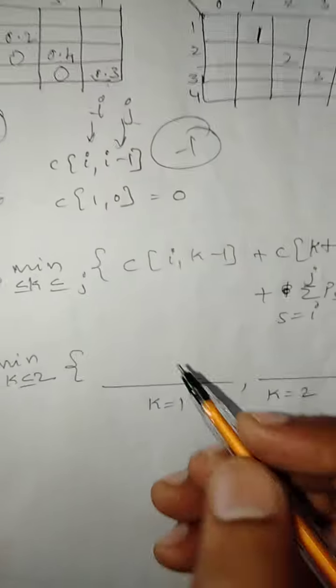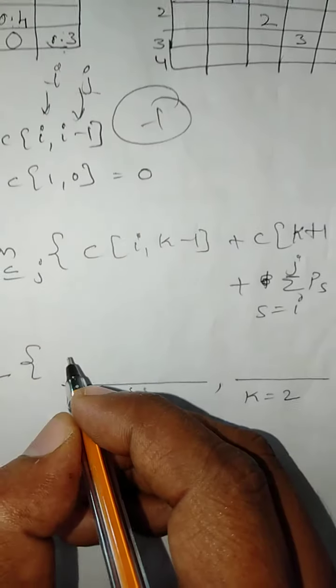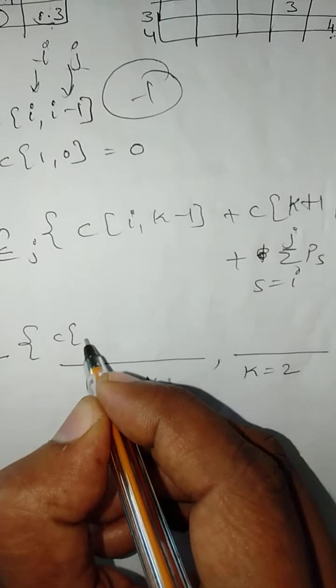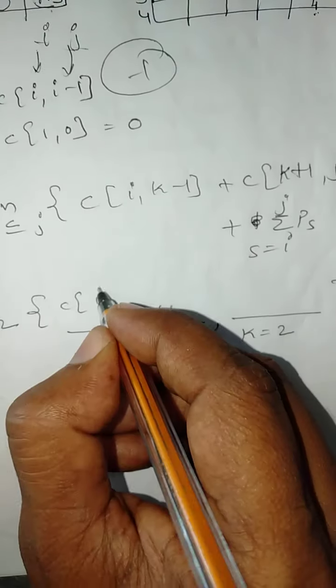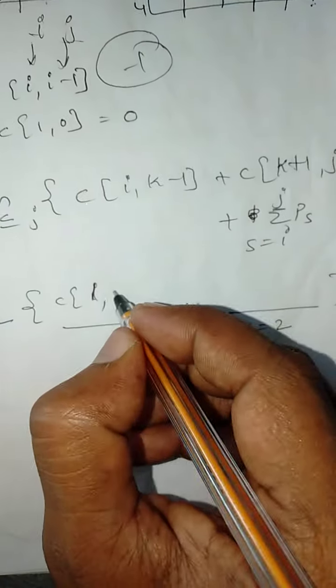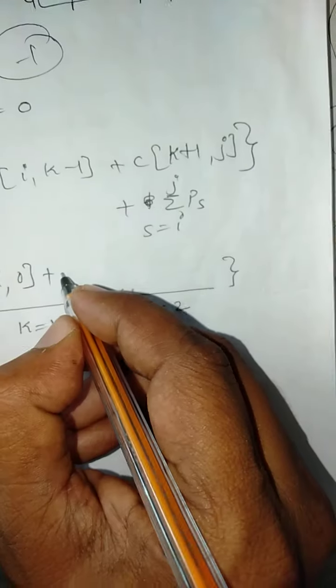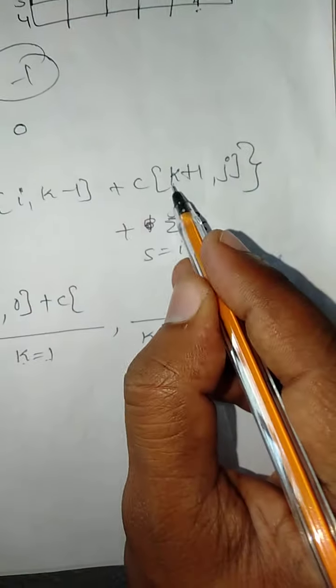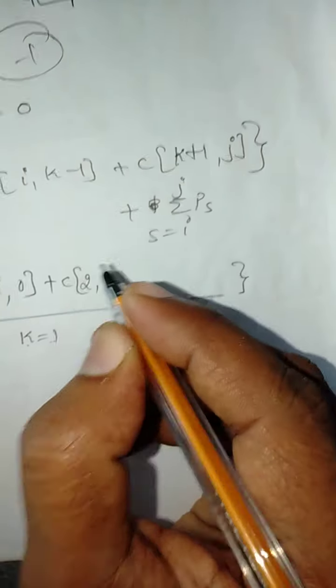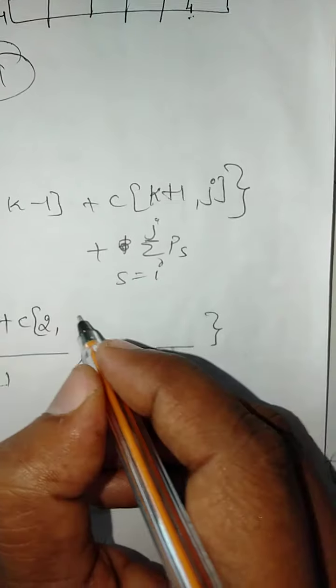For k value 1, it is C of i, which is 1 comma k minus 1, that is 0, plus C of k plus 1, what is the current k value? 1. So 1 plus 1 is 2, comma j value is 2.